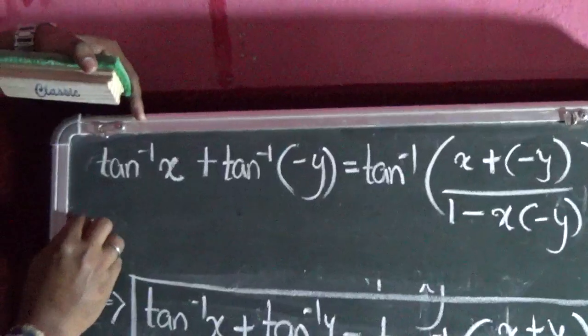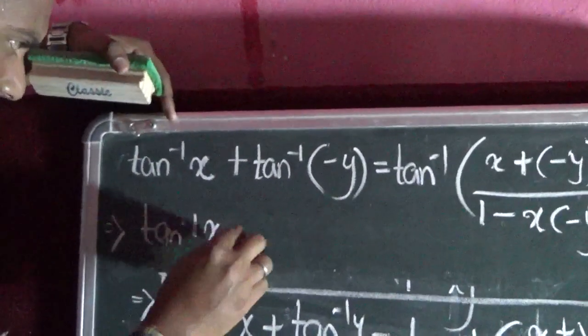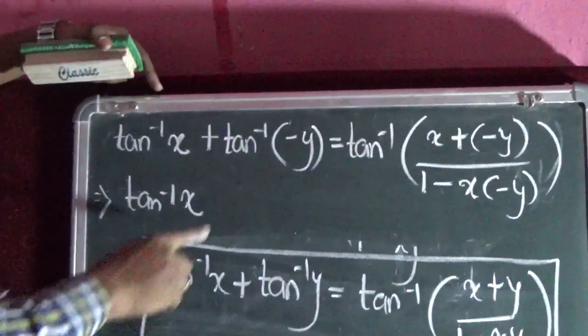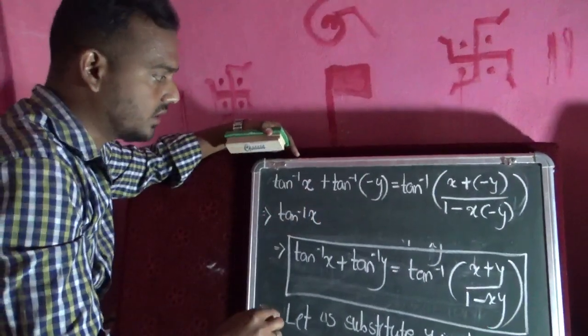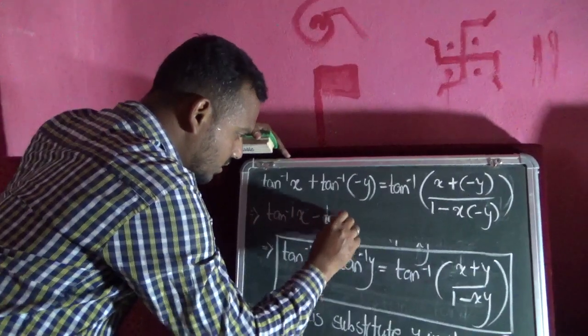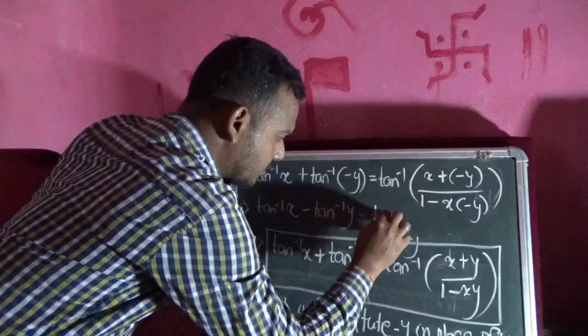In previous classes we have already studied the property of tan inverse of minus theta, that is minus tan inverse theta. So this is equal to minus tan inverse y.